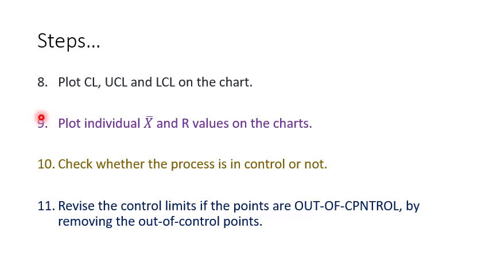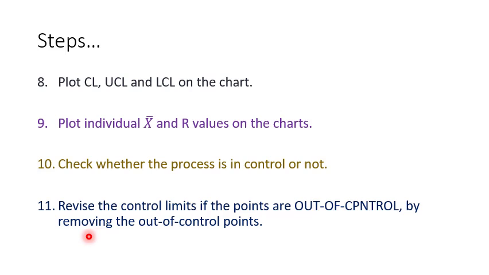Now the eighth step is to plot the center line, upper control limit and lower control limit on the chart. The next step is to plot the individual X bar and R values on the chart. After that, check whether the process is in control or not. The last step is to revise the control limits if the process is out of control by removing the out of control points.